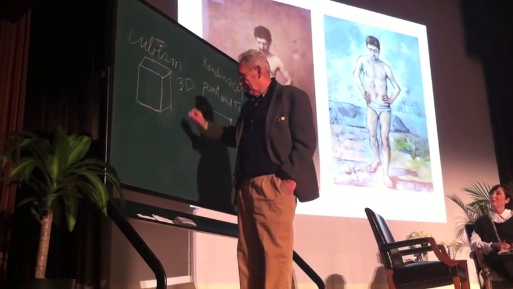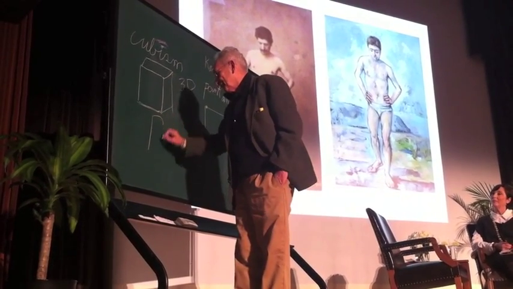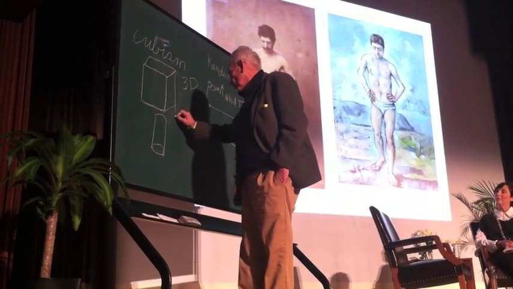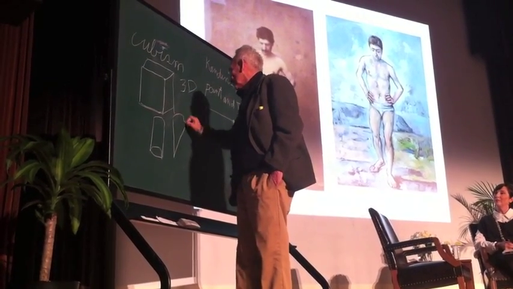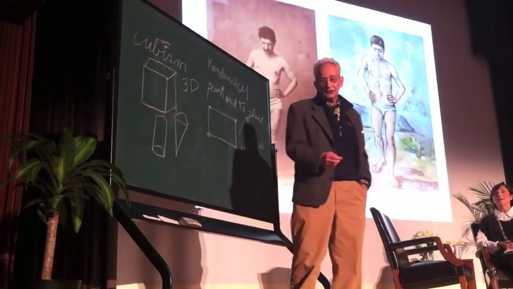you have the cube, you add the cylinder, and a cone. And that's it, it's over. With those elements, you're able to make the Women of Avignon.